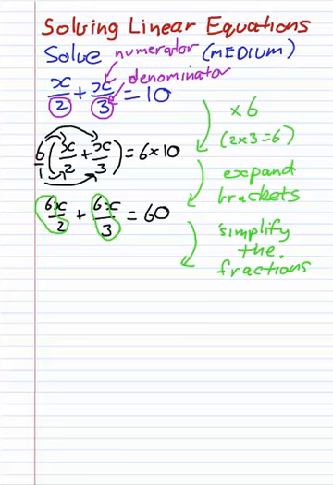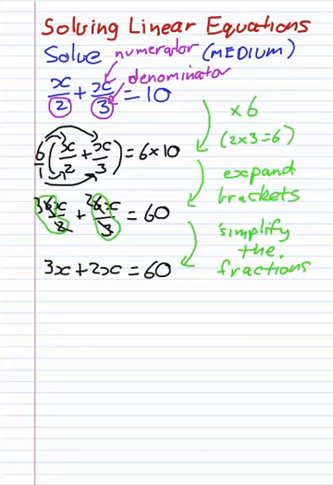Well, 6 divided by 2, 6 cancels with 2 to give 3, so we've got 3x. 6 divided by 3, the common factor is 3, leaves you with a 2, so we've got 2x. We'll get the answer there, 60.